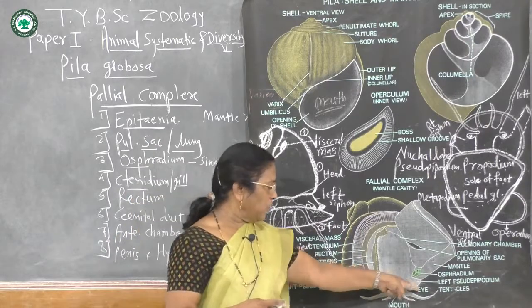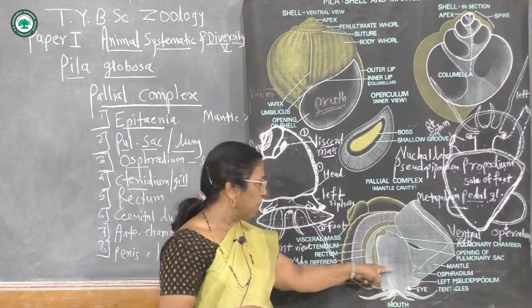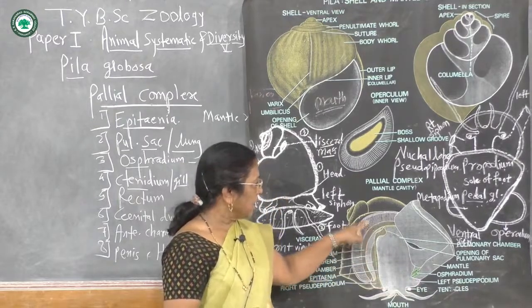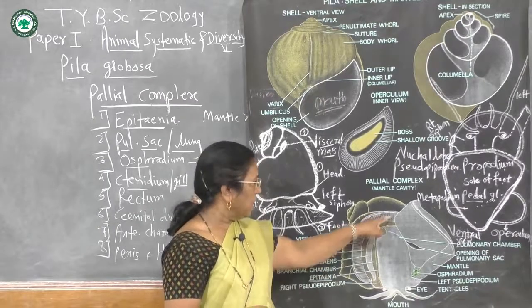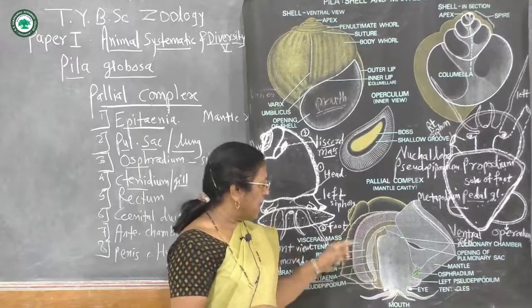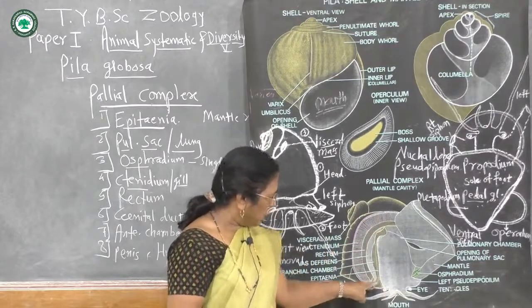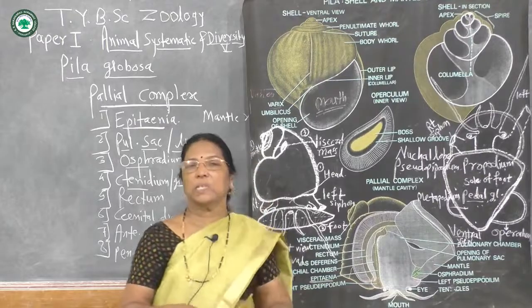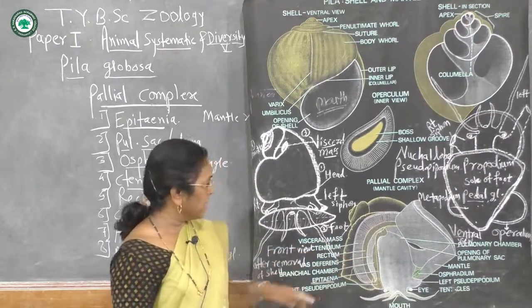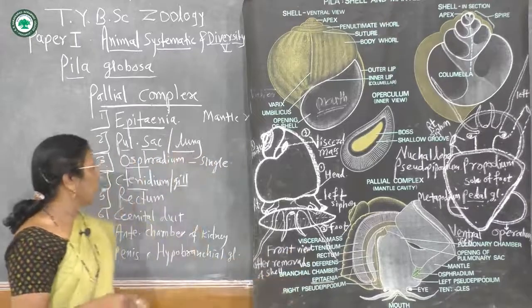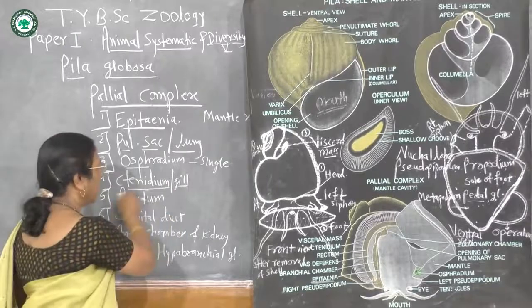Fresh water contains dissolved O2 which enters through the left nuchal lobe and is exchanged here in these blood vessels, and CO2 from that blood goes outside through the right nuchal lobe along with excess water. Aquatic respiration takes place in this way, with exchange of O2 and CO2 within this single ctenidium or gill.